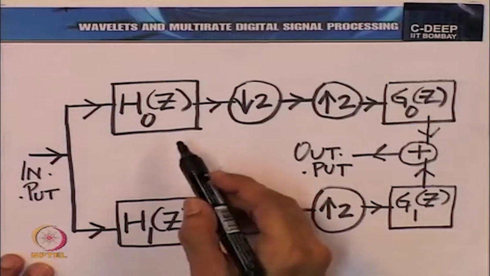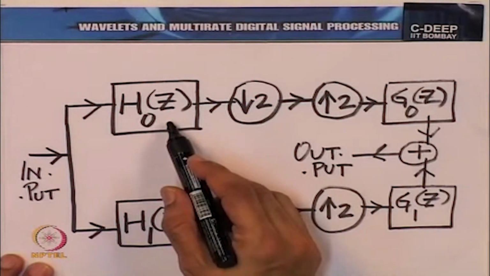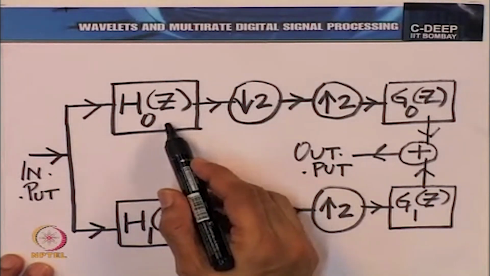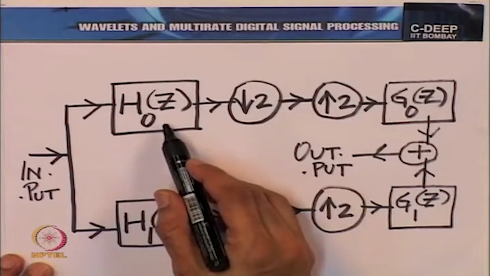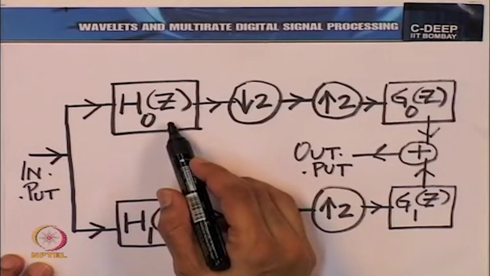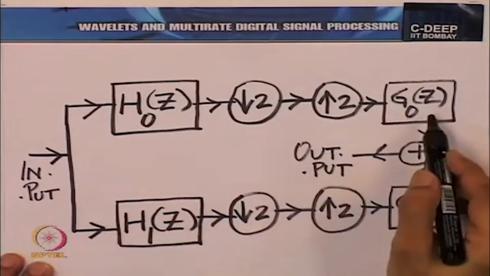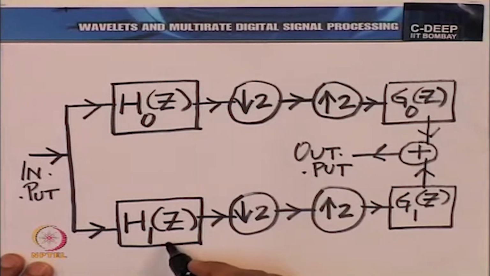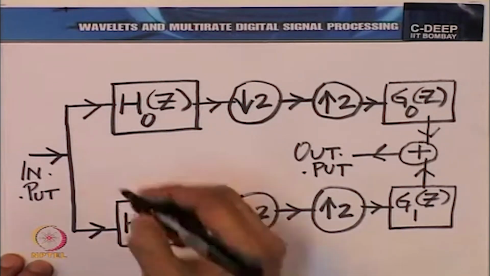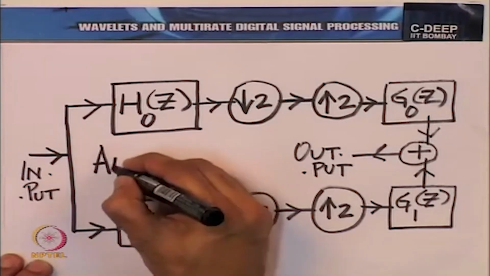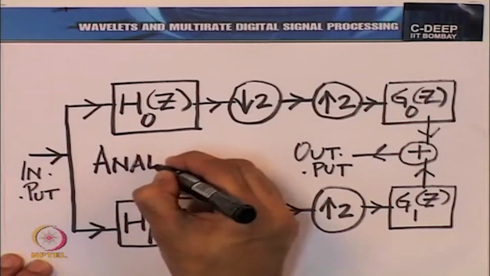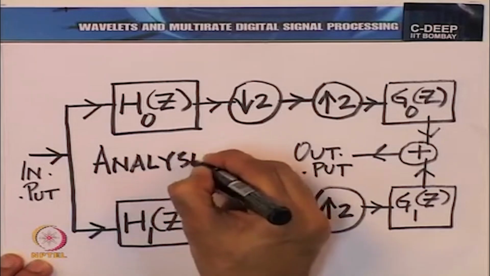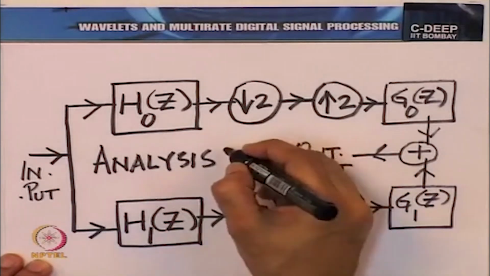To recall, this is going towards the ideal discrete time low pass filter with a cutoff of pi by 2 on the normalized angular frequency axis, and so is this. This is going towards the discrete time ideal high pass filter with a cutoff of pi by 2 again, and so is this. This is what we call the analysis side of the filter bank up to here.